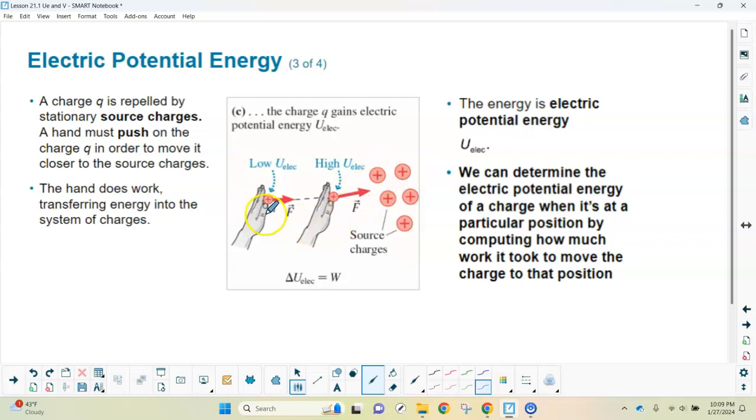As we get our charge closer to these other charges, they would try to repel and push away. But like the Earth, where the book wants to be down on the ground at height equals zero, in order to lift the book up we have to do work. This force over a distance would be the work that we're doing. So we're adding energy by putting this charge close to these other positive charges.